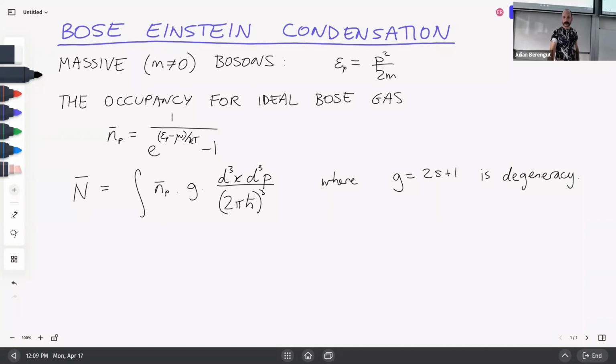For bosons, s will be equal to 0 or 1 or 2 or any other integer. So fermions are half integer, bosons are integer. That's what the g is in there for. We had the same thing when we worked out the fermions. g was equal to 2, and I just put it in as the spin degeneracy. Now we can say g equals 2s plus 1 in general.